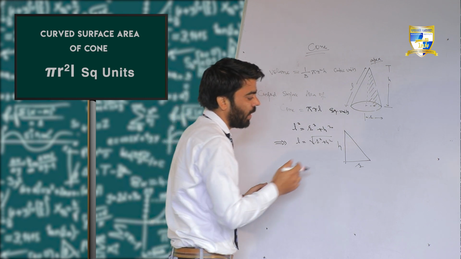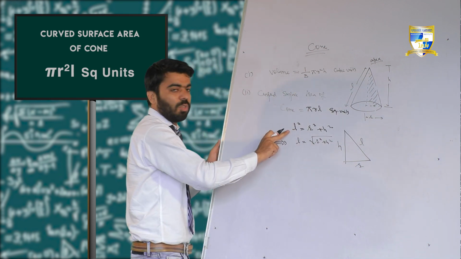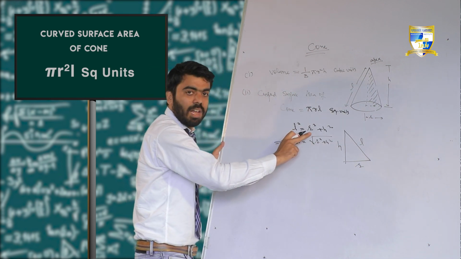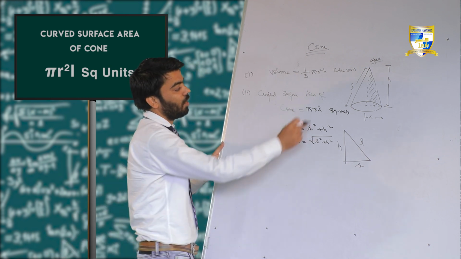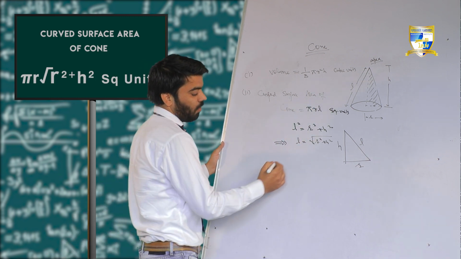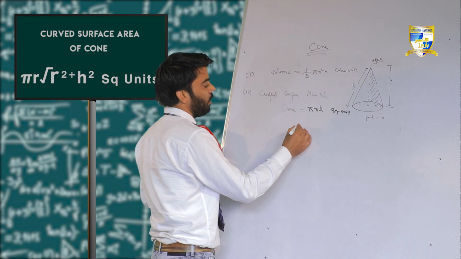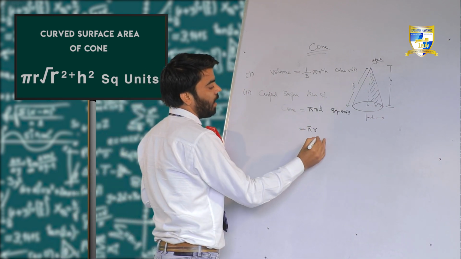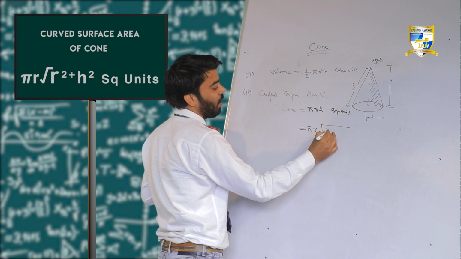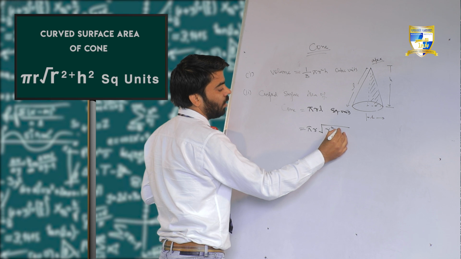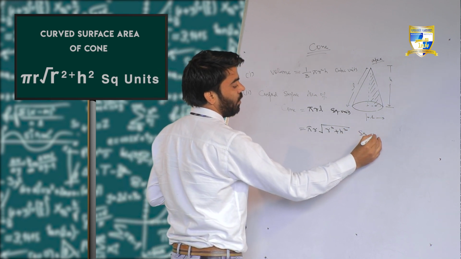This is the slant height. So l square is equal to r square plus h square, or l is equal to the square root of r square plus h square. So this formula becomes pi r times the square root of r square plus h square units.